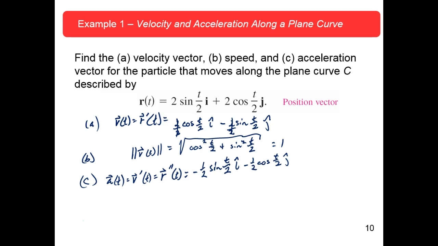Now, just a couple of things to note here. I don't know if you realize this or not, but this position function here is circular. In a plane, that's going to be a circle, centered at the origin.